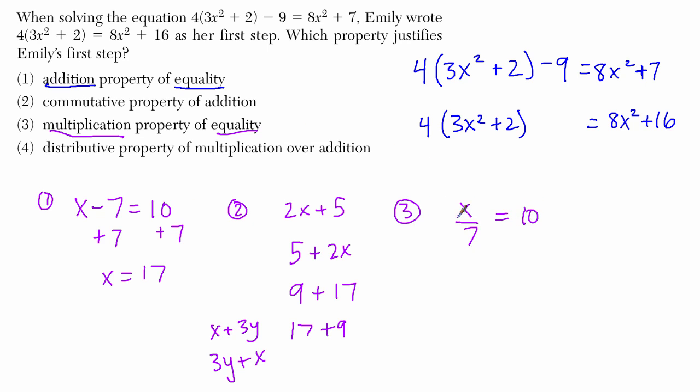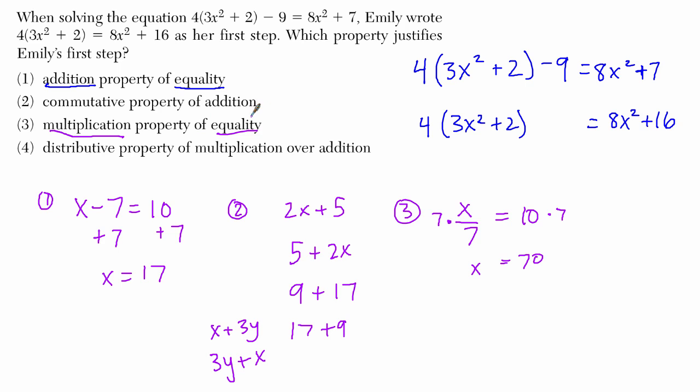With division, the way we could solve that would be to multiply both sides by 7. When you do that, you get 7x over 7, which simplifies to x, and 10 times 7 is 70. So this step, multiplying each side of the equation by the same number, is permissible by the multiplication property of equality.